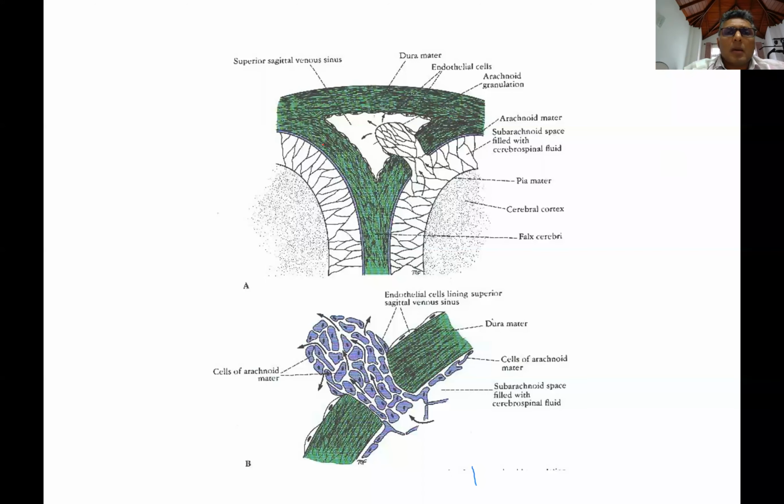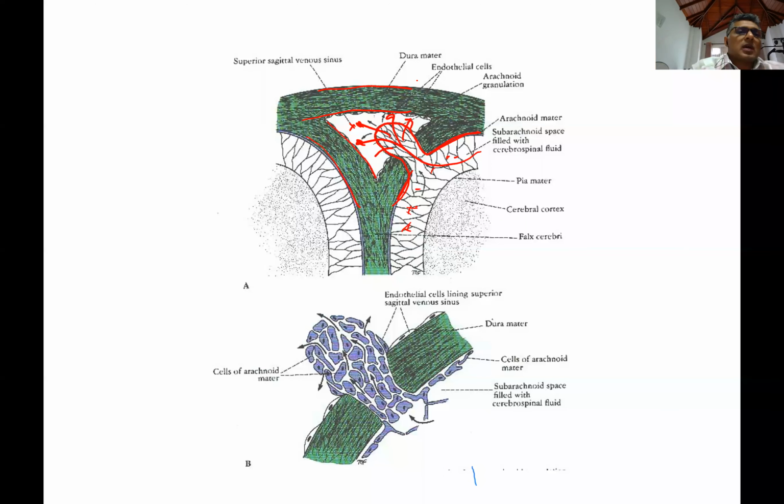This is how the arachnoid granulations are formed. Now this is your meningeal layer of dura mater. This is your endosteal layer of dura mater. This is your superior sagittal sinus with blood. Now this is your arachnoid mater. Now the arachnoid mater projects through the meningeal layer of dura mater into the dural venous sinus, the superior sagittal sinus, and the CSF is pushed or secreted into the superior sagittal sinus.